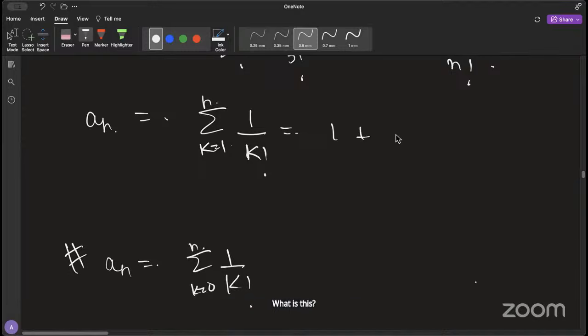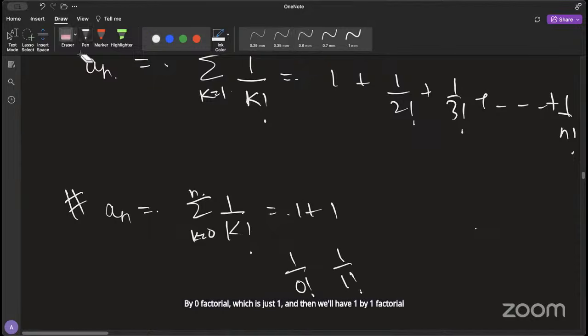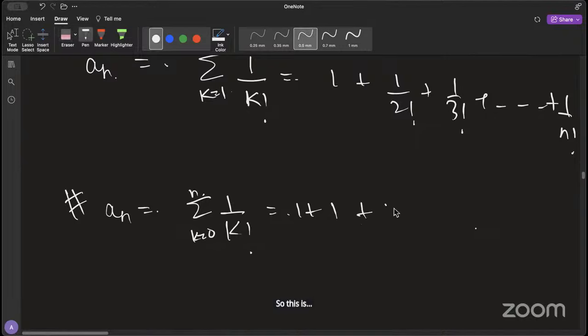This is 1 plus 1 by 2 factorial plus 1 by 3 factorial plus so on till 1 by n factorial. And what is this? This is 1 plus 1 because this first term will be 1 by 0 factorial, which is just 1. And then you'll have 1 by 1 factorial, it's again 1. So this is 1 by 2 factorial.